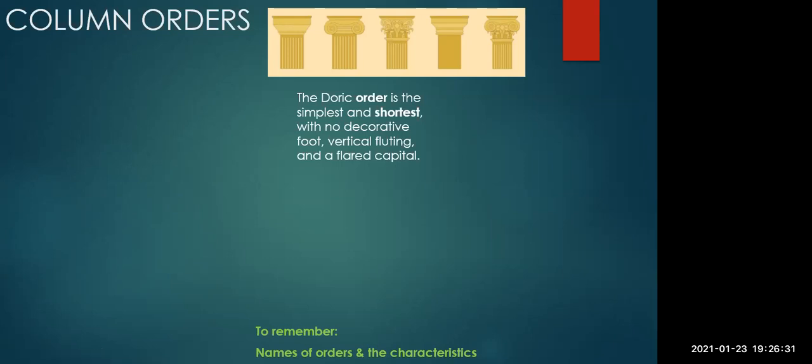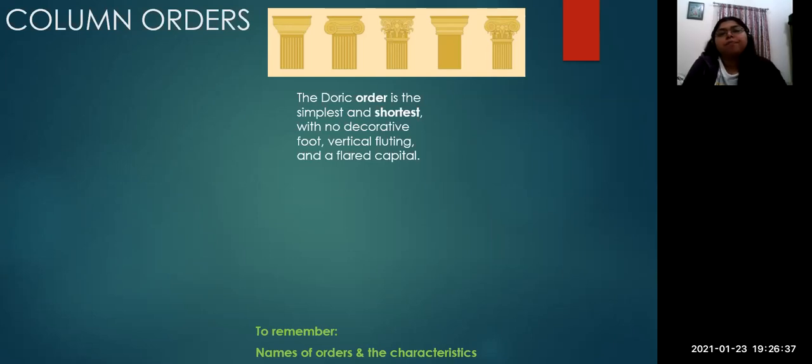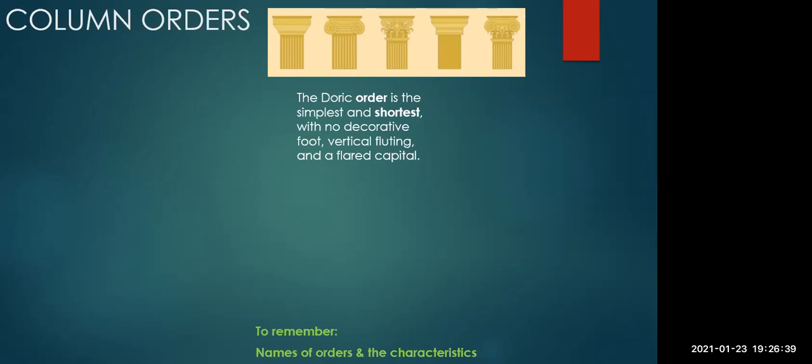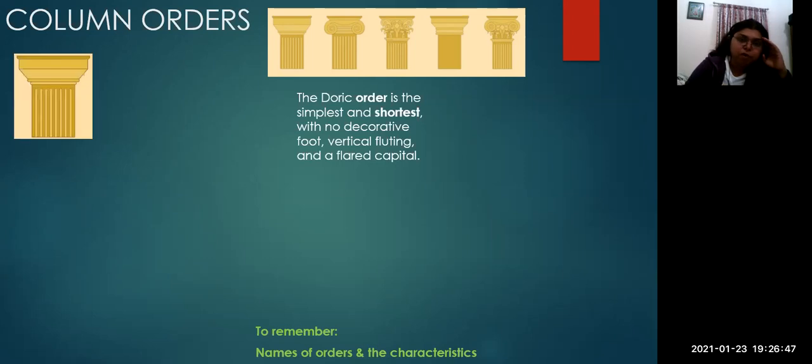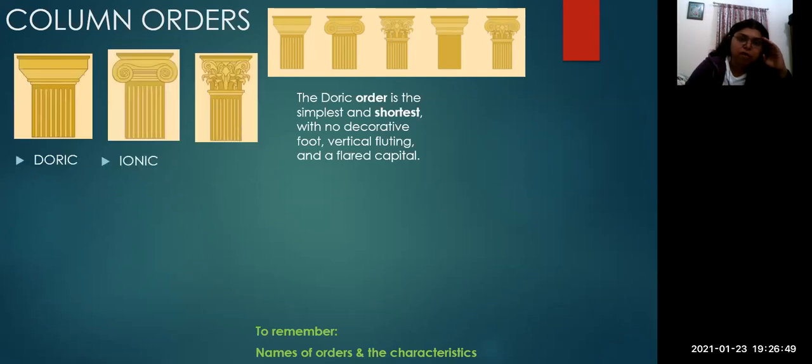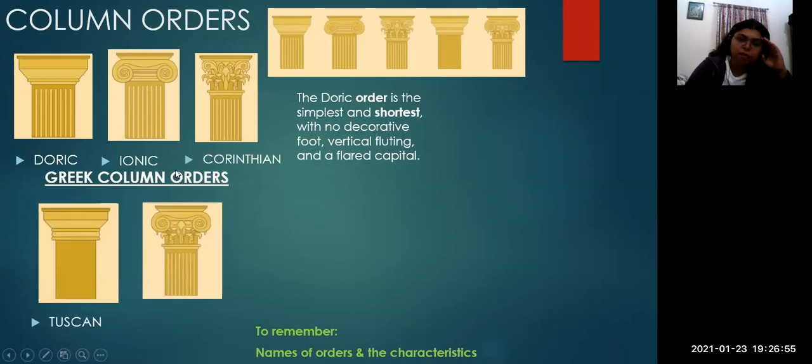Doric, Ionic, Corinthian, Tuscan, and composite. Composite, yes. So you have two variations of column orders: the Greek column orders, and the Roman column orders.